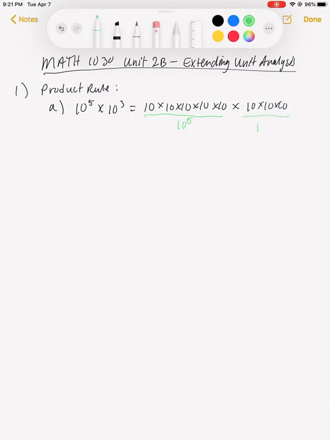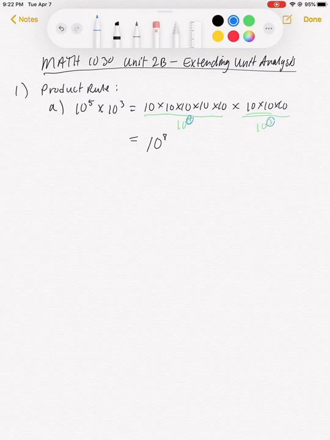That's my 10 to the 3rd. Now notice that exponents are repeated multiplication, so I have 5 tens multiplying themselves, and 3 tens multiplying themselves. In total, I have 8 tens multiplying themselves. But notice that 8 is also the sum of 5 and 3.